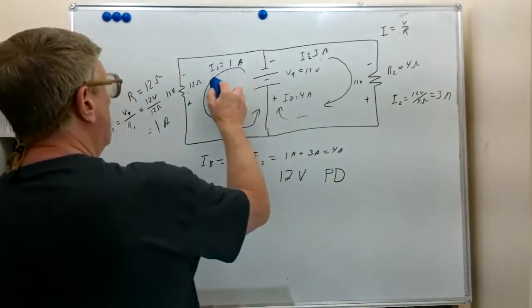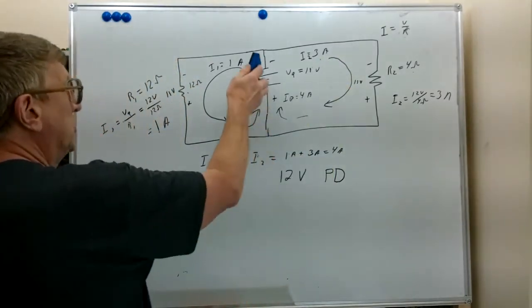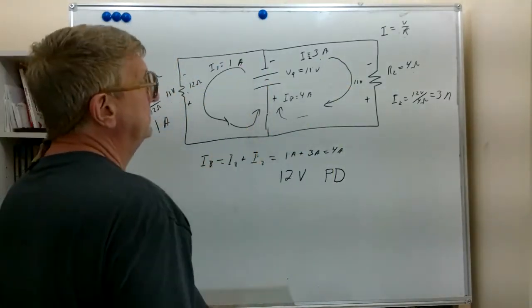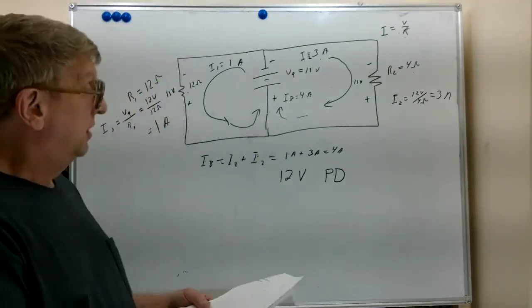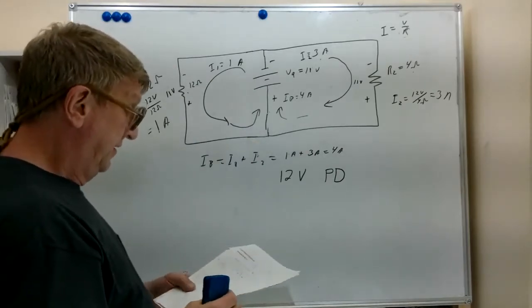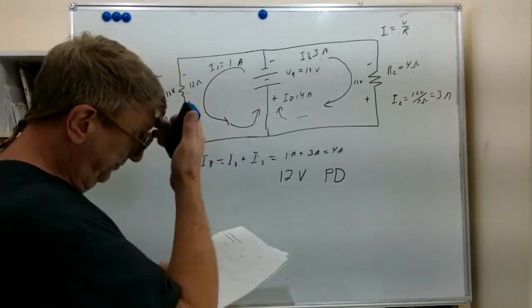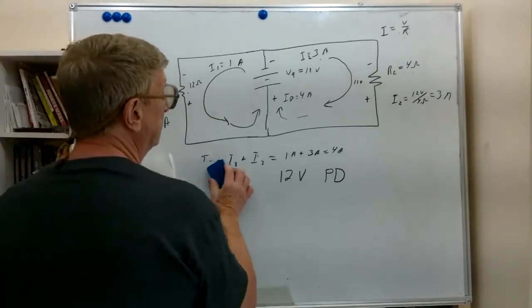We have a branch current of 1 amp here, a branch current of 3 amps here, but we have a total current to our battery, which we're calling IB, the battery current, but it's greater, and it happens to be the sum of those two.